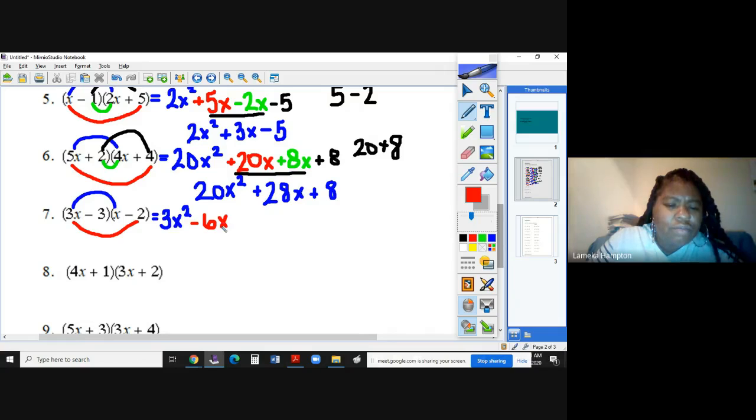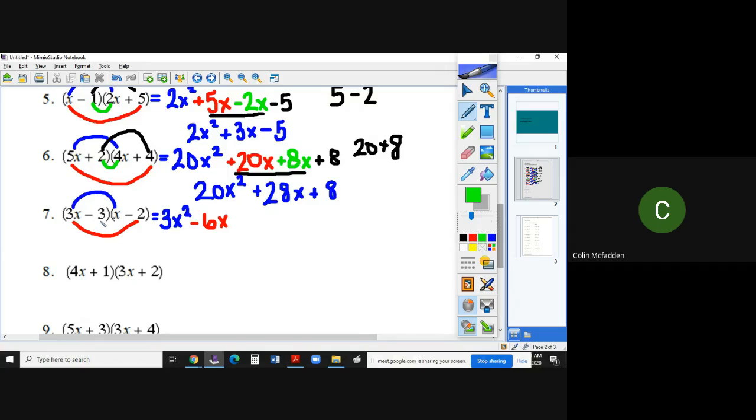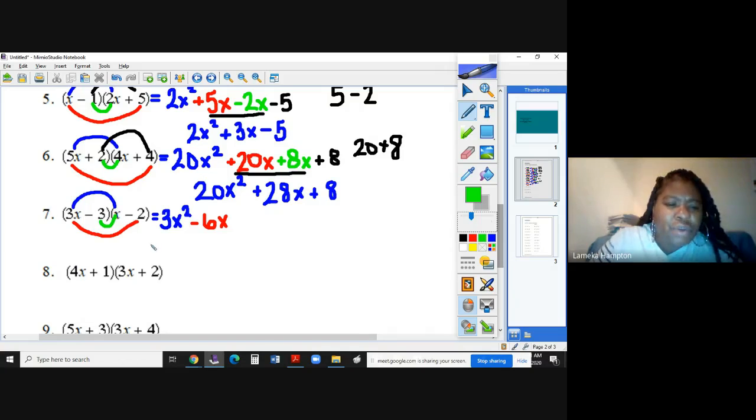Okay, now I'm going to go to my green. What am I multiplying in the green? Negative 3 times x, and that's going to give me negative 3x. And then black, we always bet on black. We got negative 3 times a negative 2, which gives me a what? Positive 6.